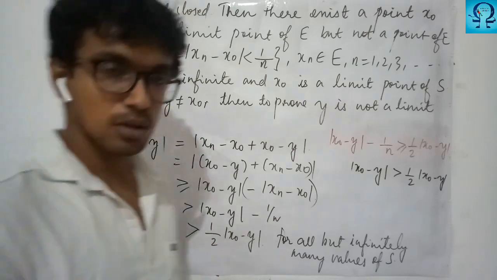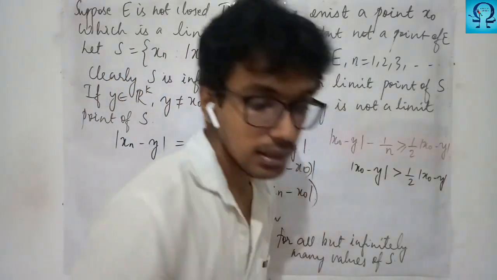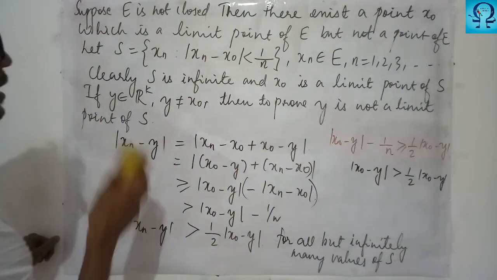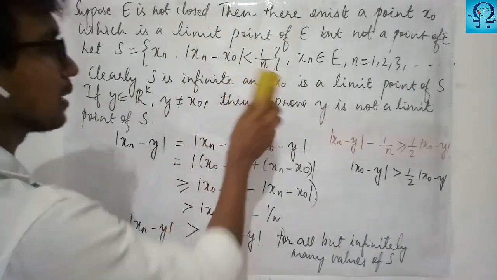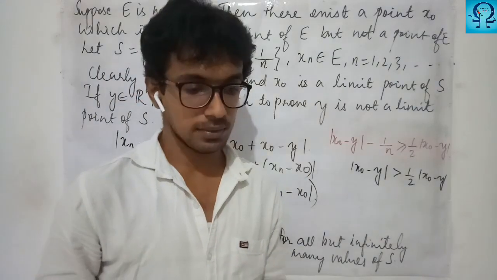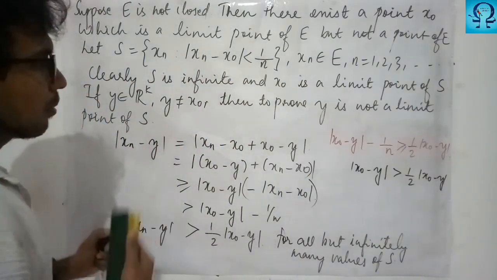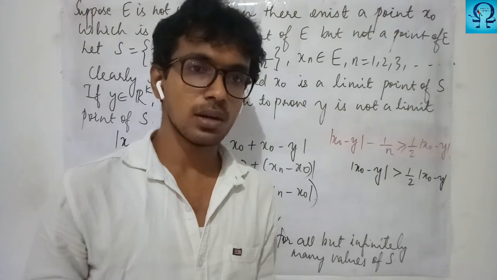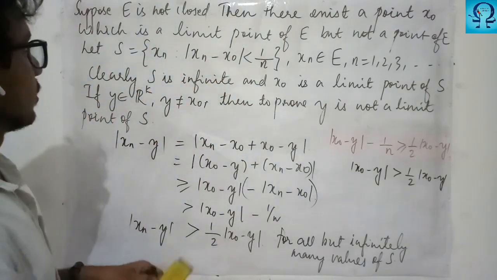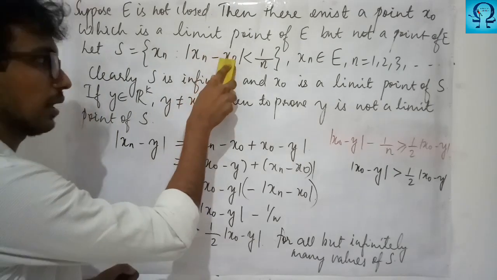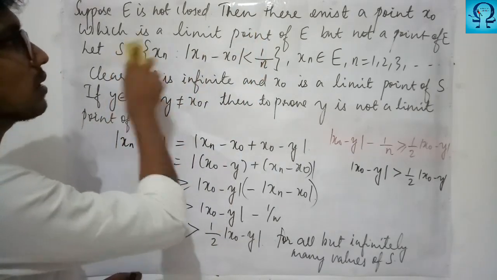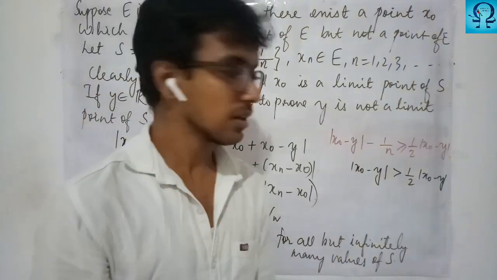Okay, this concludes that y is not a limit point of s, which means S has only one limit point, and that limit point is x naught. So by this, what are we trying to say? We are trying to say that this S has only one limit point x naught, but that is not present in E, and S was supposed to be the subset of E, right?